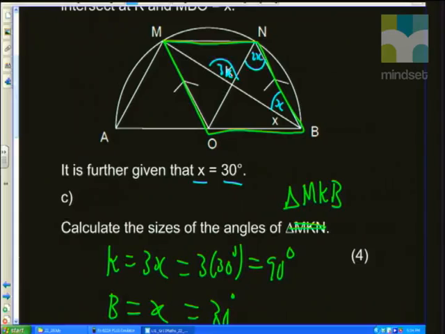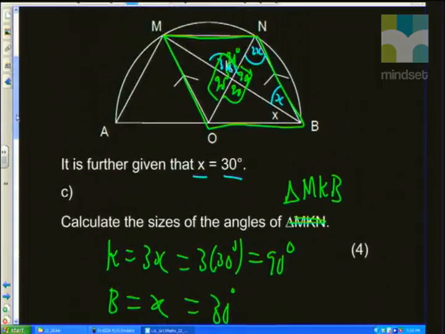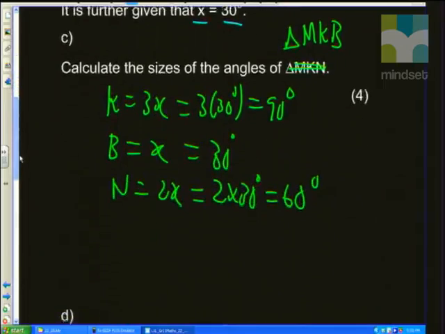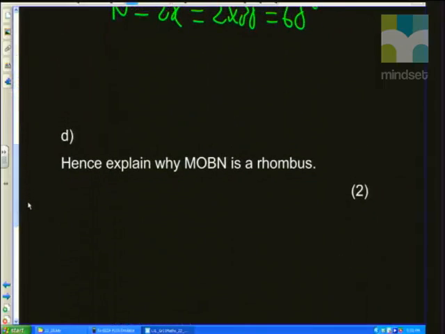Okay, so now we got this one as 90. Your K is 90. So in other words, this one will also be 90. Angles on a straight line, this will be 90. That will be 90. So you can conclude by saying, therefore, MNBO is a rhombus. The diagonals bisect each other at right angles.